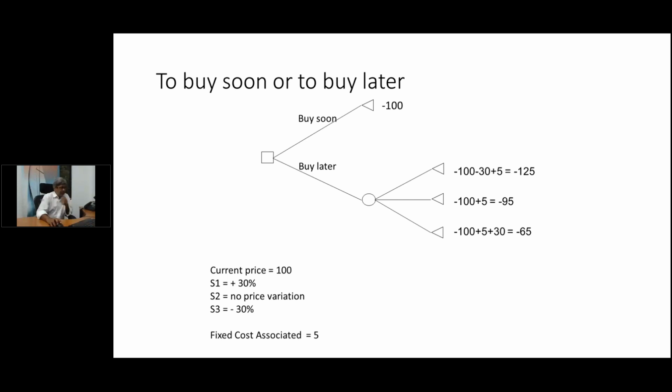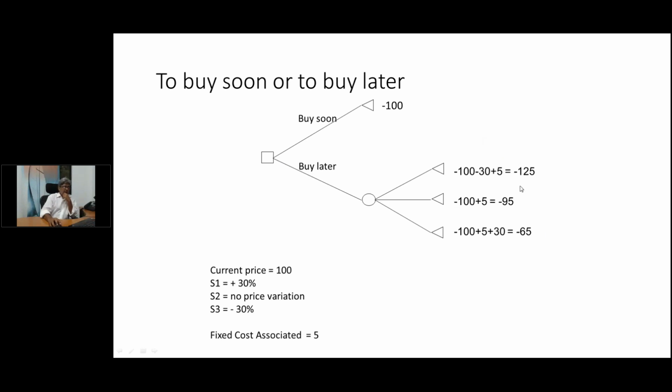So in this particular example, to buy soon or to buy later. This is something that we need to buy that costs you 100 rupees maybe. If you buy soon, it will cost you this much, but if you buy later, then you have three different alternatives.